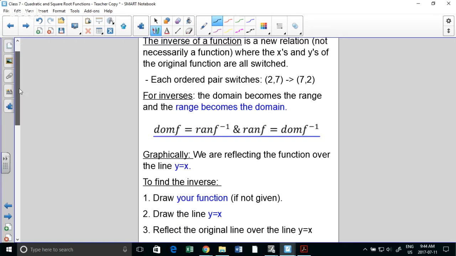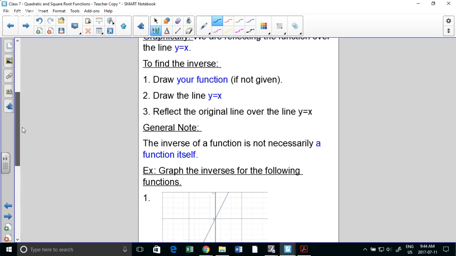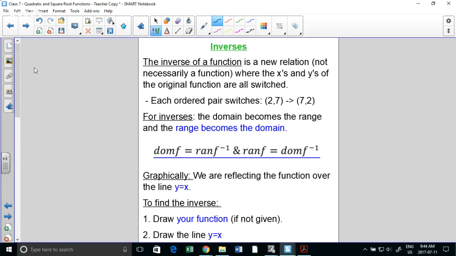All right. Again, no need to copy down. The inverse of a function basically means we take all of the different pairs and we switch the x and y value. So every single pair on the function, line, curve, whatever, I take every x and I switch it with the y.